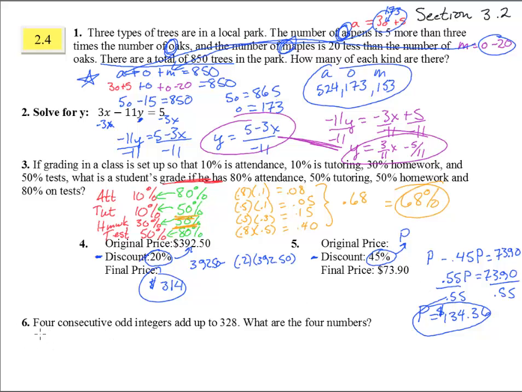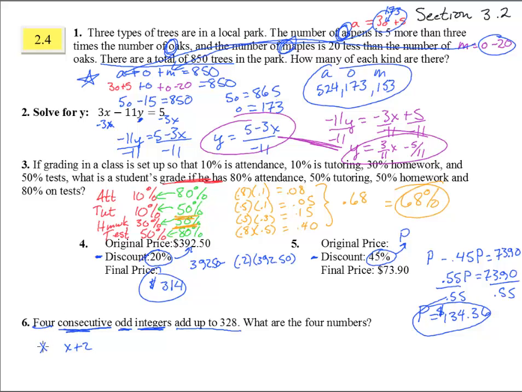Okay, number 6. It says 4 consecutive, that means in a row, odd integers. So these are just numbers. There are 4 of them, and they add up to 328. So here's how we do this. If the first one is x, the next odd integer is 2 bigger than that one. If we were at 7, we'd have to add 2 to get to 9.